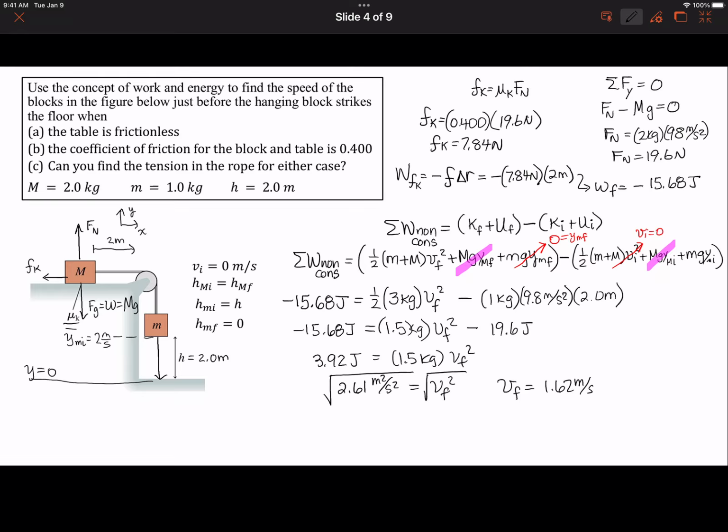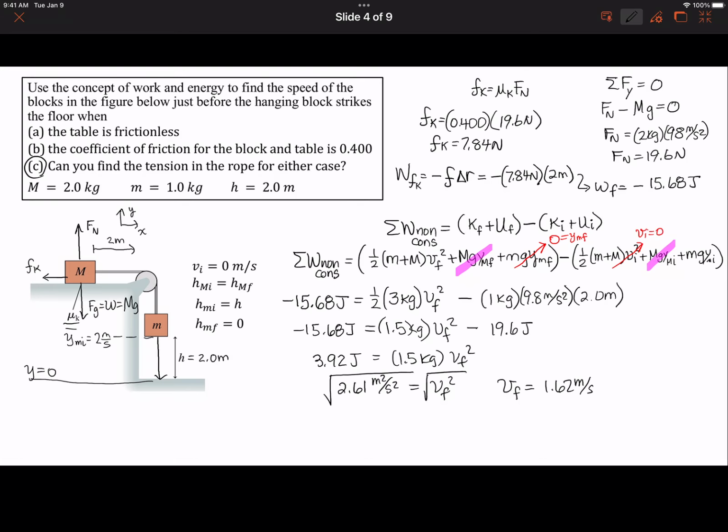Now, in a previous video, we looked at the situation where there was no friction, and under that circumstance, the final speed was 3.61. So it's not going as fast because friction is actually opposing the motion. The other part to this question is asking us to determine the tension in the rope for the case when there's friction.